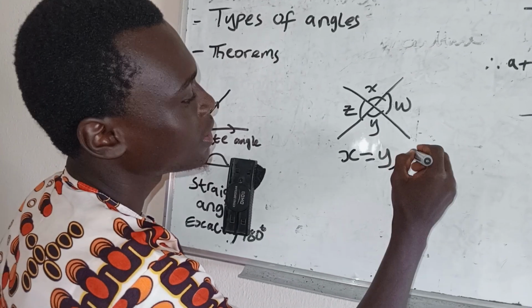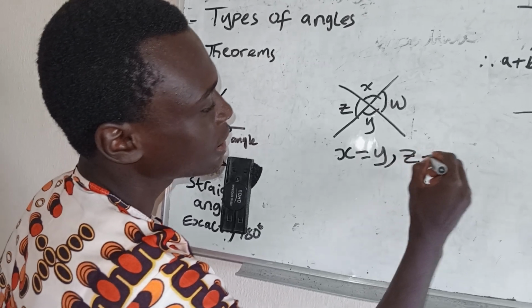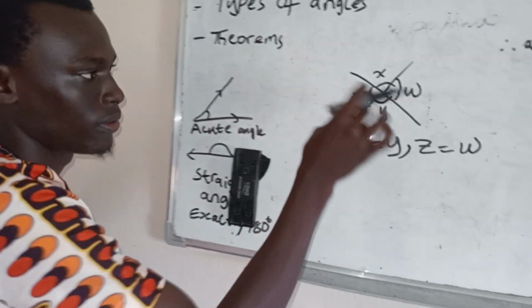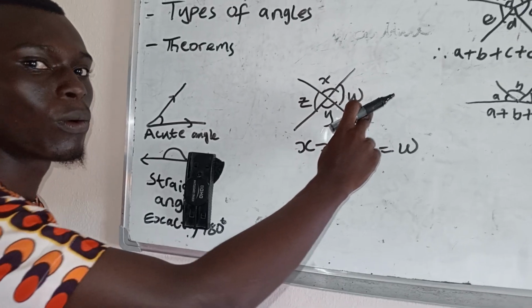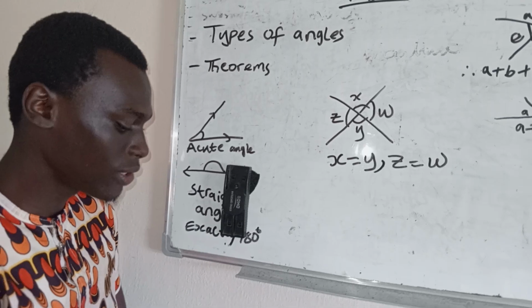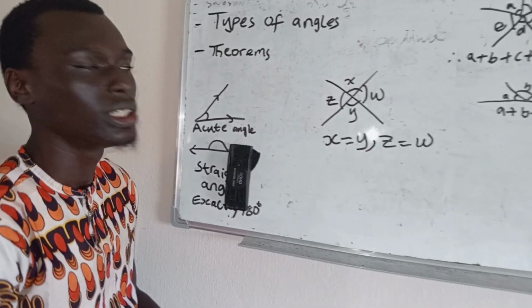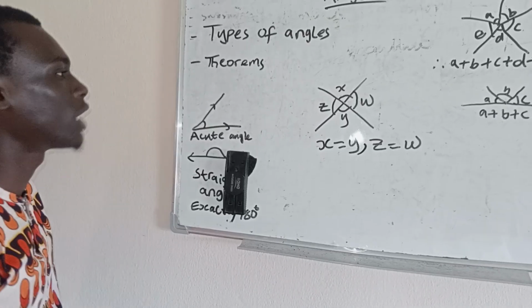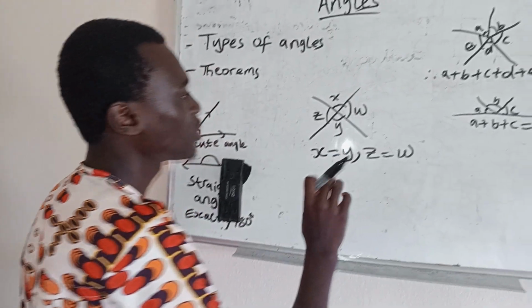Angle Z is equal to angle W. Vertically opposite, they are opposite to each other. Vertically opposite angles are equal. This is our third theorem, and I would like to give us a proof.